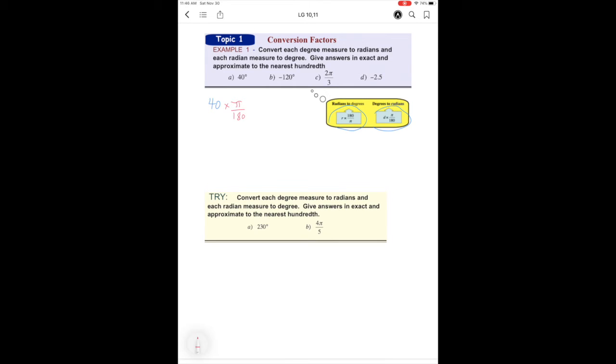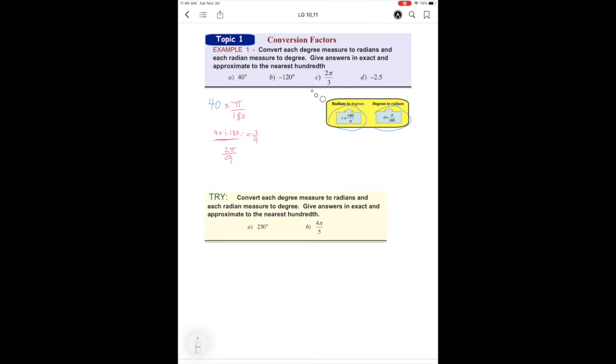Just remember, when you're going to radians, the pi is on top. So now you can go to your calculator and go 40 divided by 180, and it equals some decimal, and then you can convert the decimal, and the decimal converts to 2 pi over 9.